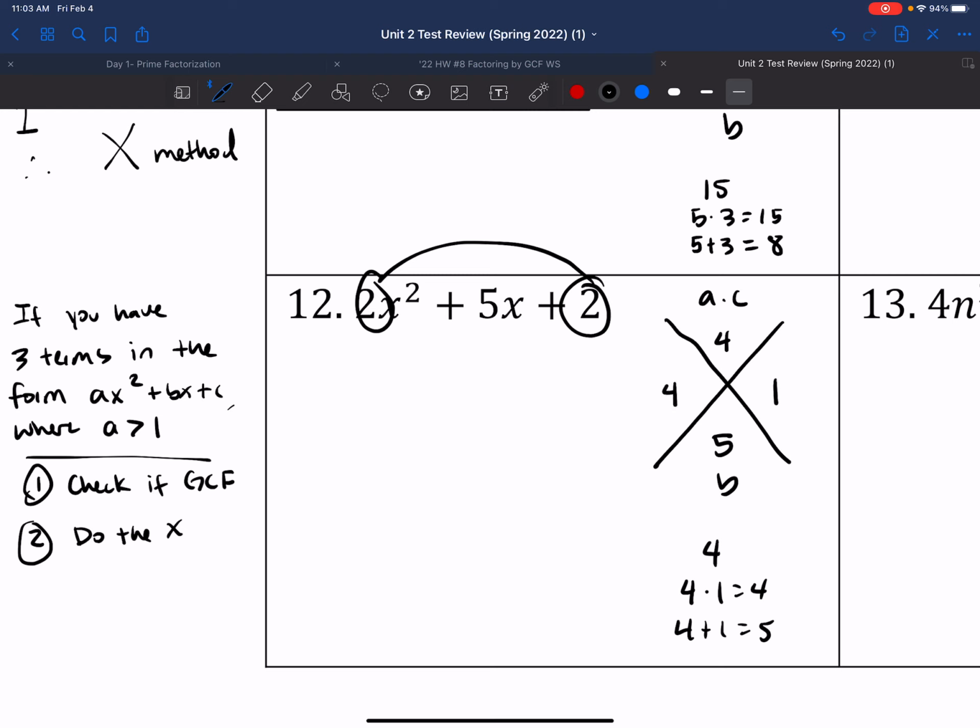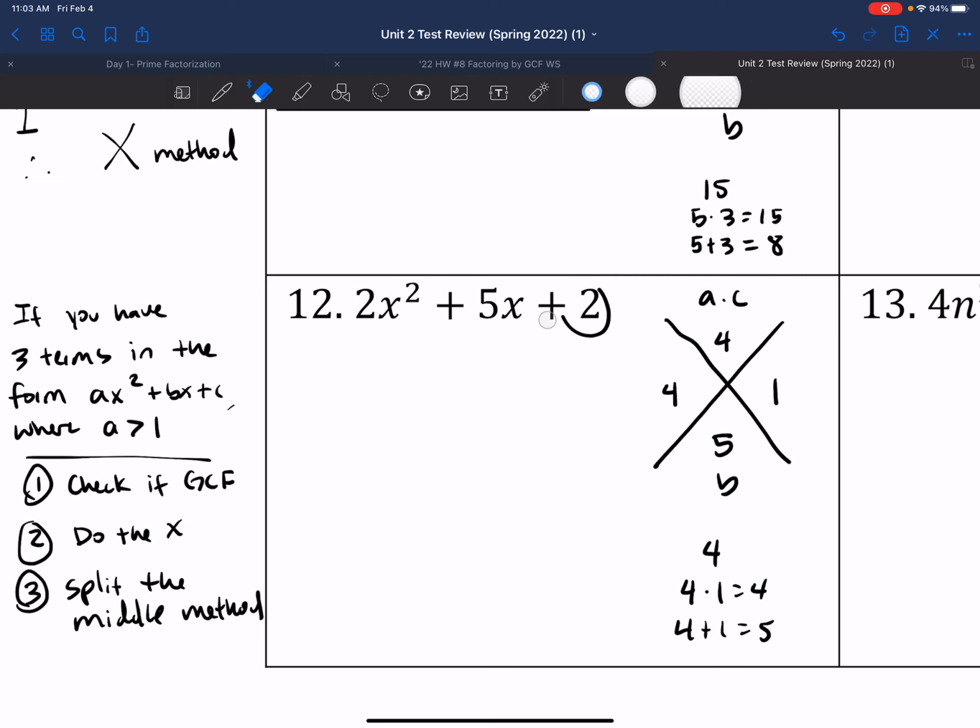And now I'm going to write, for my third step, split the middle. Now this is where we use the split method to do the work. So I'm going to erase this so I can see.